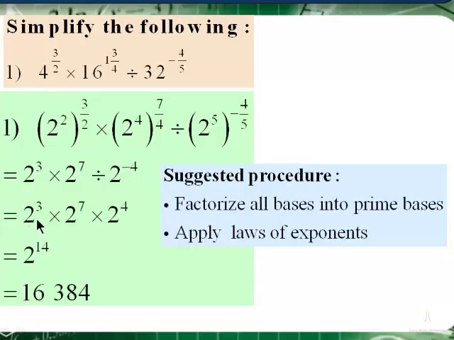Now we have the product of 3 exponential expressions, or 3 numbers expressed in exponential notation. The bases are the same, so we can simply add the index numbers, and we get 2 to the power 14, or 16,384.